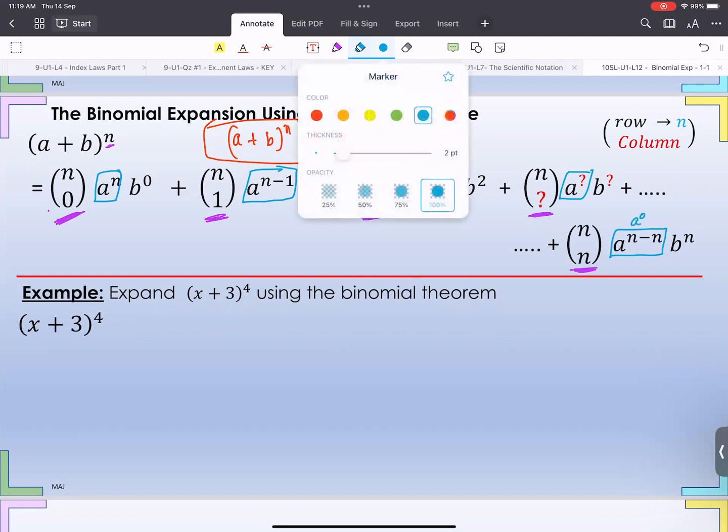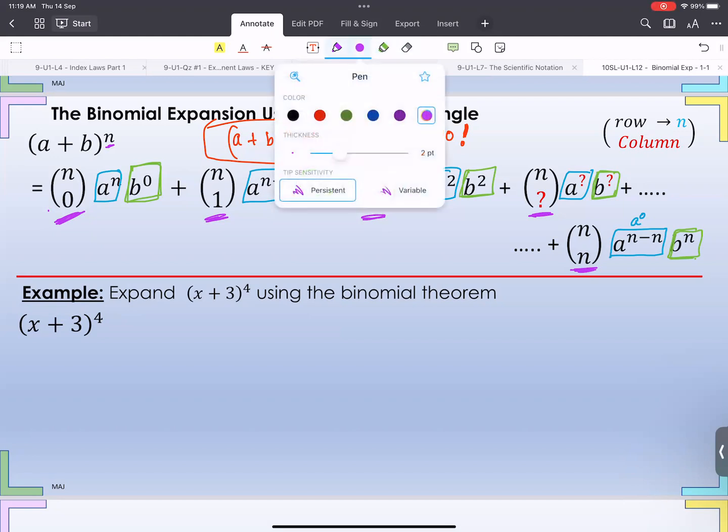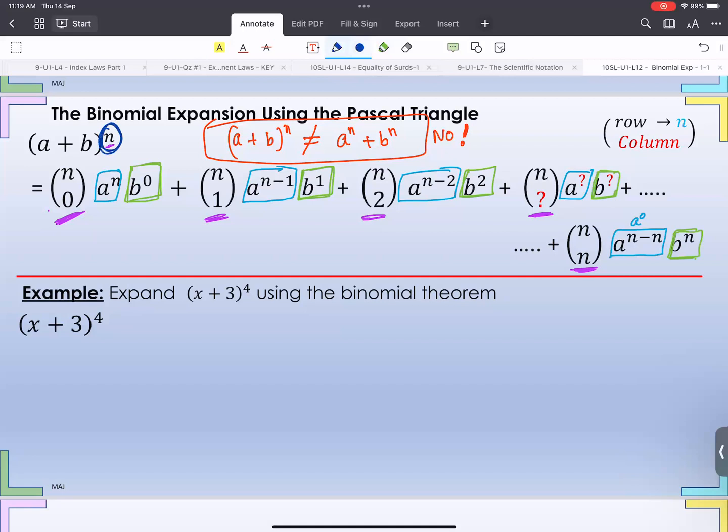On the other hand, the b values keep increasing. It starts with b power 0, goes up to b power 1, then b power 2, then b power 3. Ultimately, it ends at b power n. So that's what I mean by this n determining how many terms are going to be in the expansion.